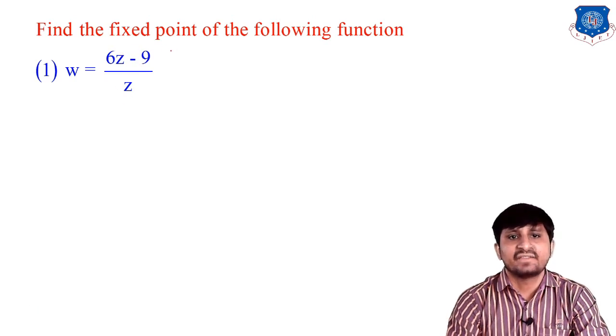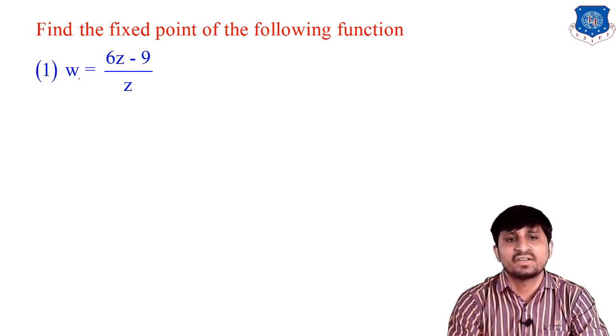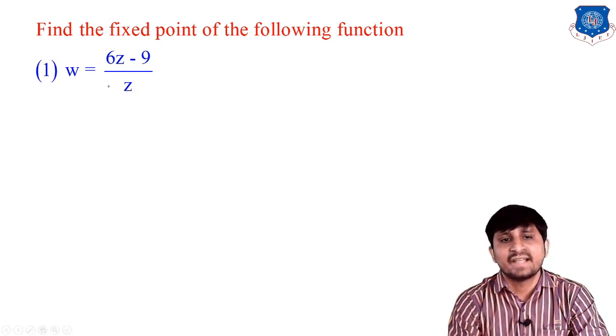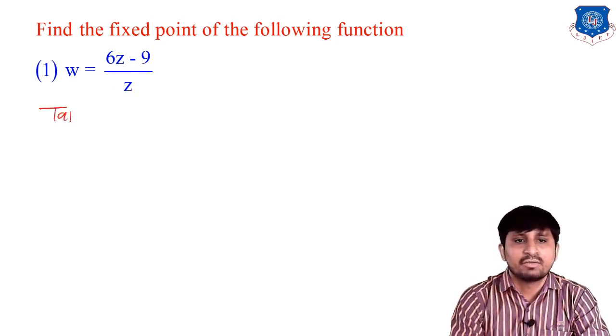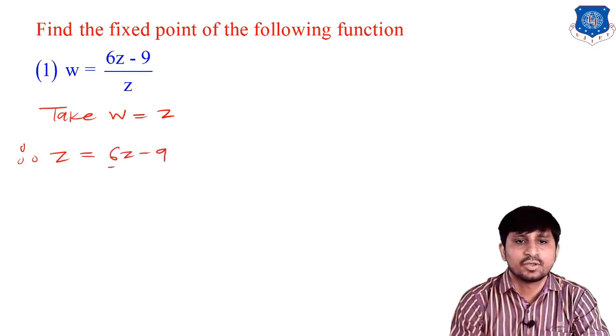Find the fixed point of the following function. This is my function W equal to (6Z minus 9) upon Z. Clearly this is a bilinear transformation. Now take W equal to Z. So Z is equal to (6Z minus 9) upon Z, and that's why Z square is equal to 6Z minus 9.